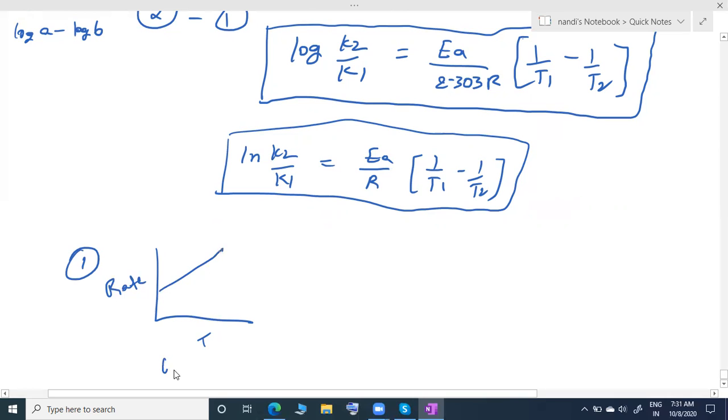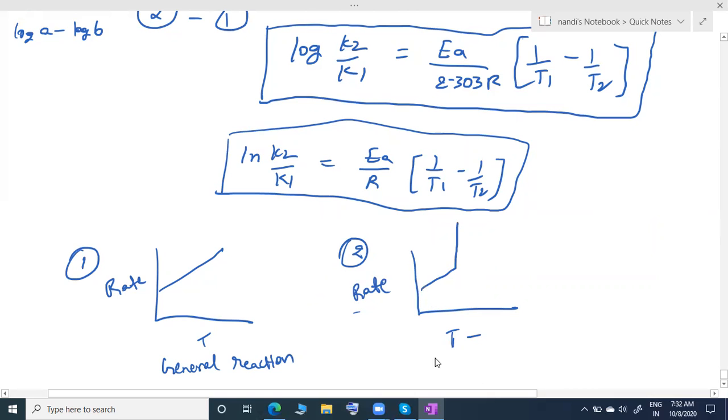This is for general or normal reactions. And again another case, explosive reactions, rate versus temperature. This is for explosive reactions. Even the rate constant you can take, doesn't matter.